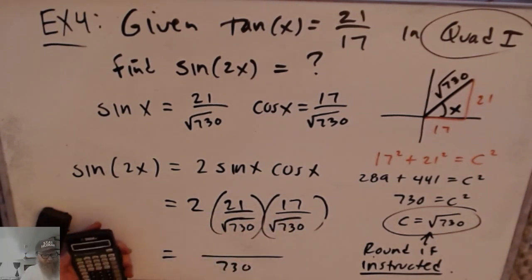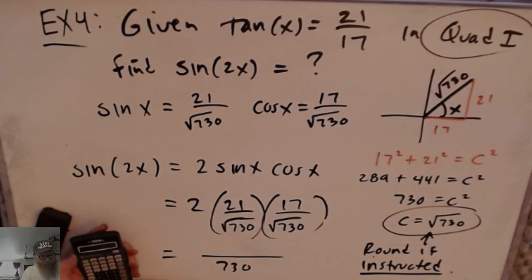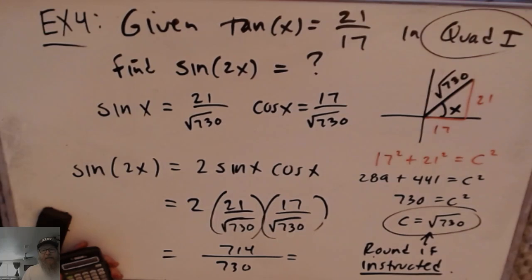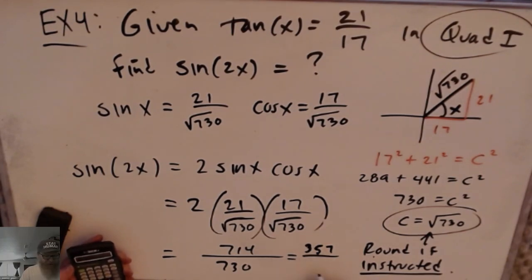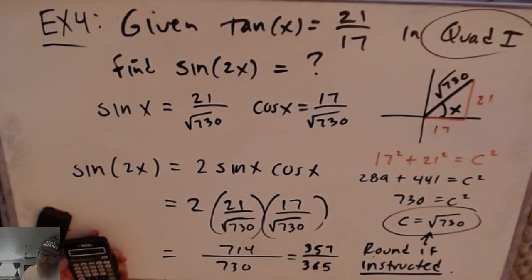The top is going to be 2 times 21 times 17, 714. Reduce this, 357 divided by 365.